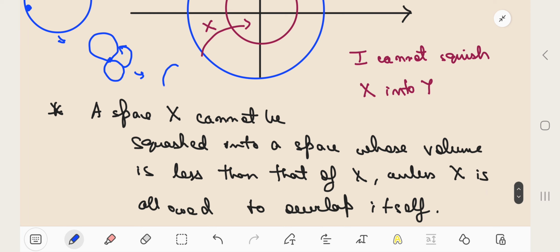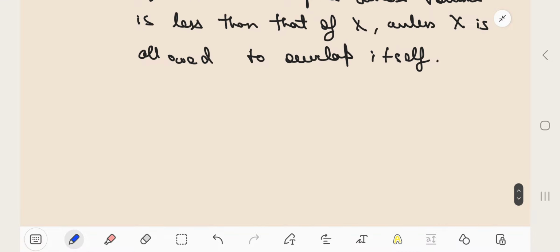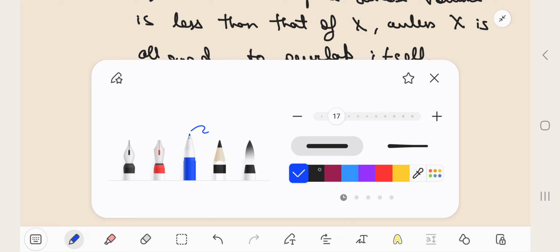I'm drawing it like this, but both of these circles fall on the same line. So I'll get something like this, and this has far smaller volume than the original X, and this might be put inside here. So unless we allow X to overlap itself, I cannot squash it inside any space which has a smaller volume than X. Okay. So this is the motivation, one of the ideas to deal with Minkowski's theorem.